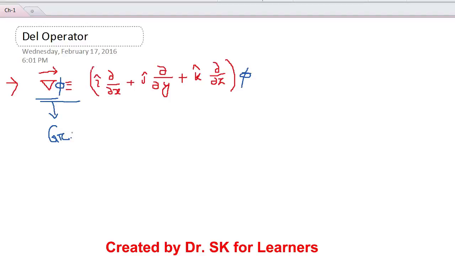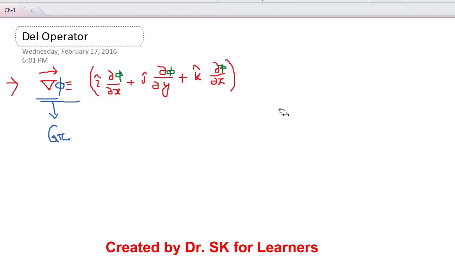Had it been a vector quantity, you would have to use a dot product or a cross product. Since it's a scalar quantity, it will simply multiply. Meaning you can expand it like this: del phi by del x, del phi by del y, and del phi by del z, and you can erase this.